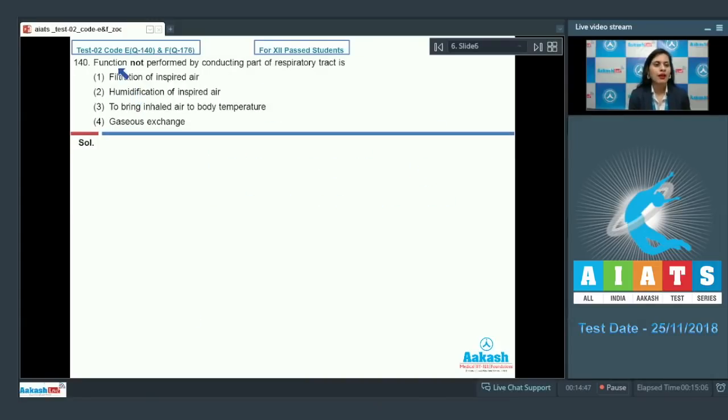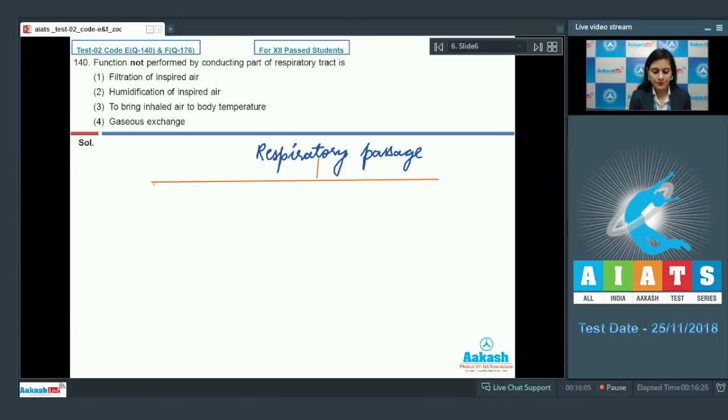Question number 140. Function not performed by conducting part of respiratory tract is. Now we know that the structures which are involved in the respiratory passage involves conducting part and respiratory part.